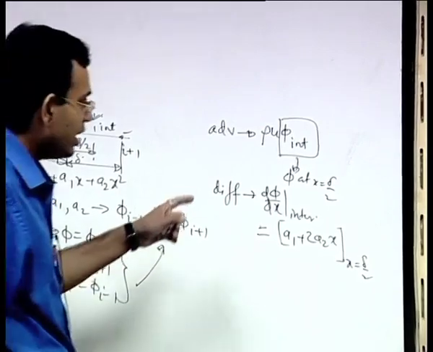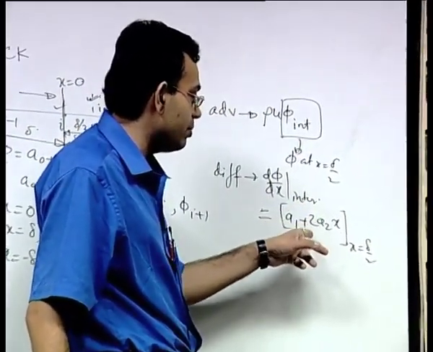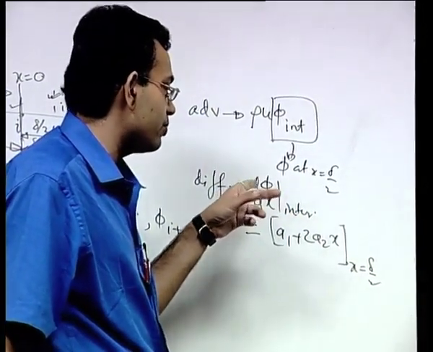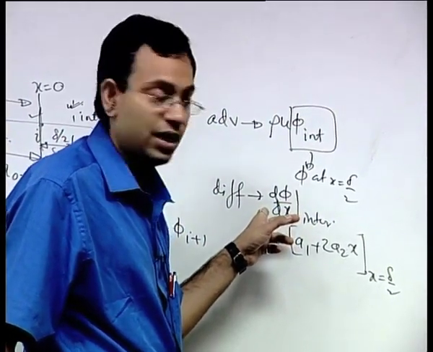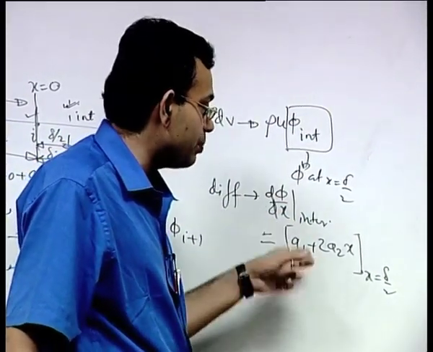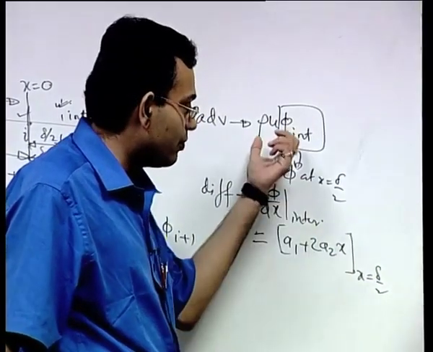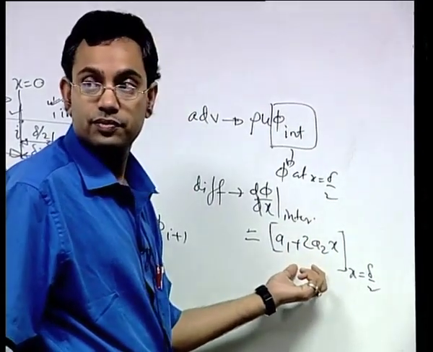So this is the only slight, but important, difference between the derivation that we made in the class and this derivation. In the class, for the diffusion term, from the beginning we assumed a piecewise linear profile. Now we are not assuming that; we are using the same profile for interpolating the advection term and the diffusion term.